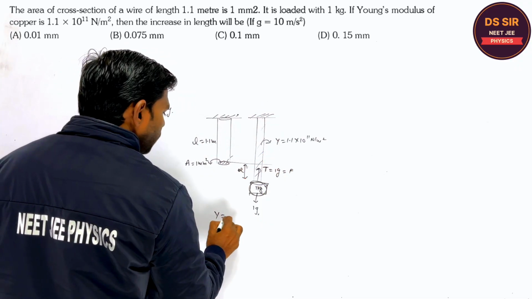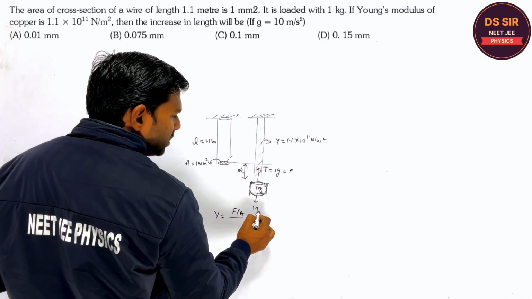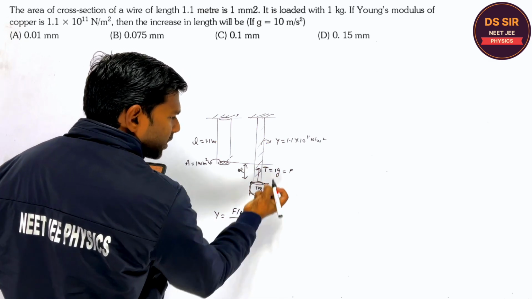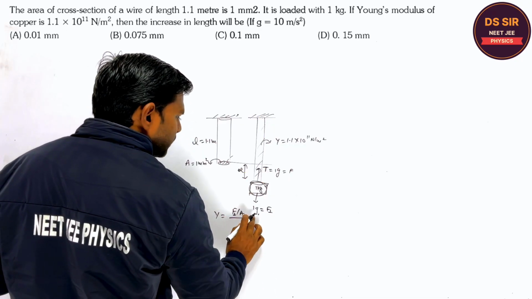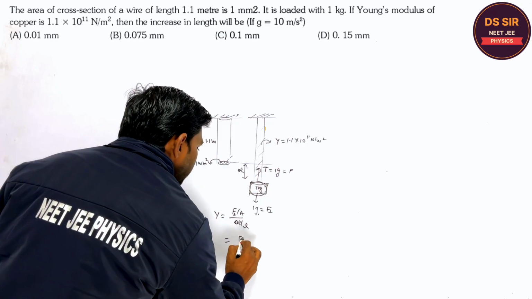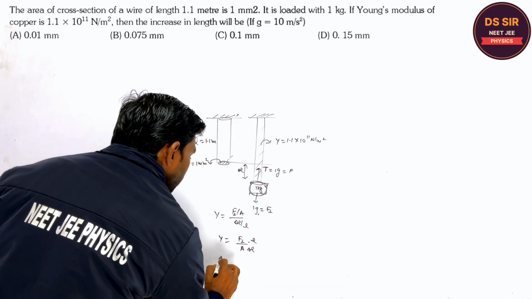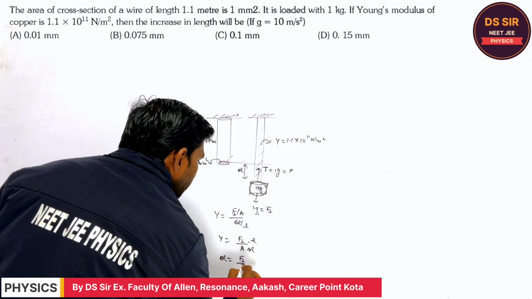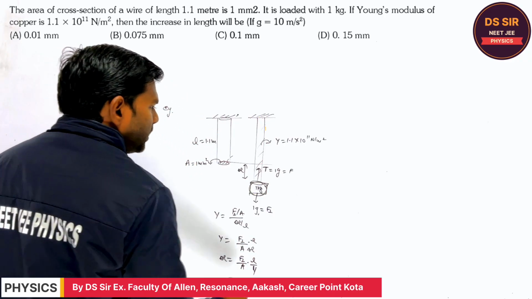So Young modulus is given. The stress means the perpendicular force acting over here is 1g upon A, delta L upon L. So it may be written as F perpendicular upon A, delta L upon L, is equal to Y. So delta L is nothing but perpendicular force into L upon A Y. You have to remember this.